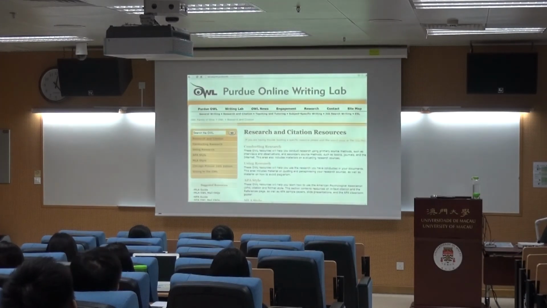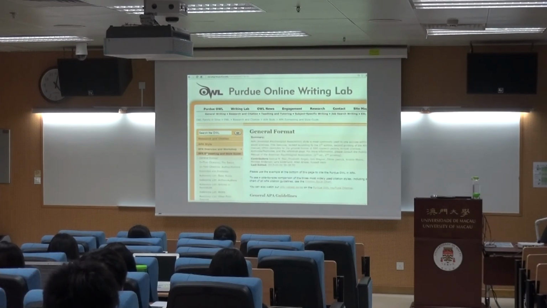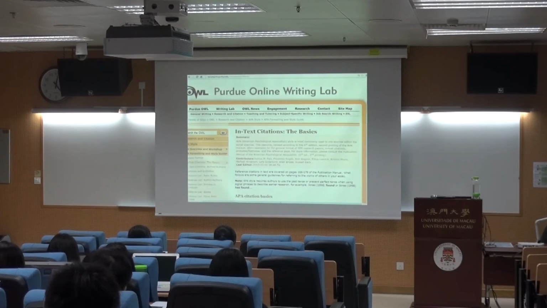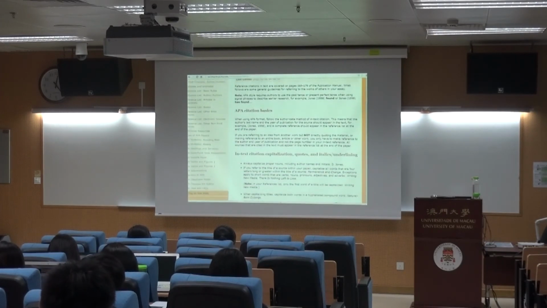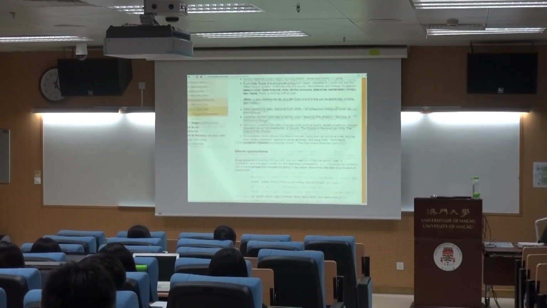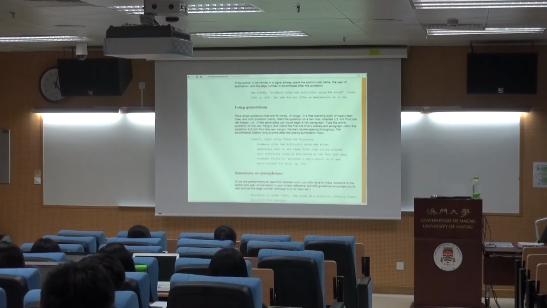So let's take a quick look at how the OWL site can help you sort of cut through some of this confusion of how to format certain in-text citations. If you're working in the APA style, as you see, just select APA and then scroll down here and you'll see that the OWL site not only tells you, but it shows you exactly how to lay out your short quotations, your long quotations, your summary or paraphrase.